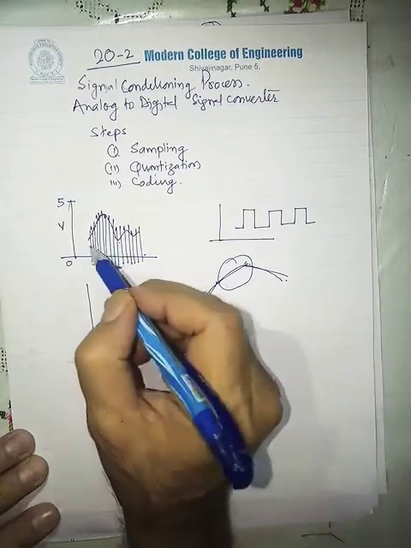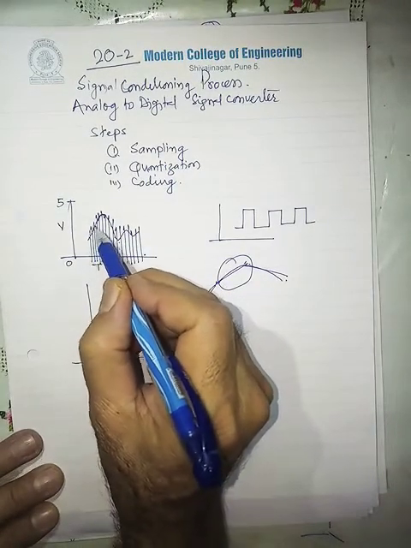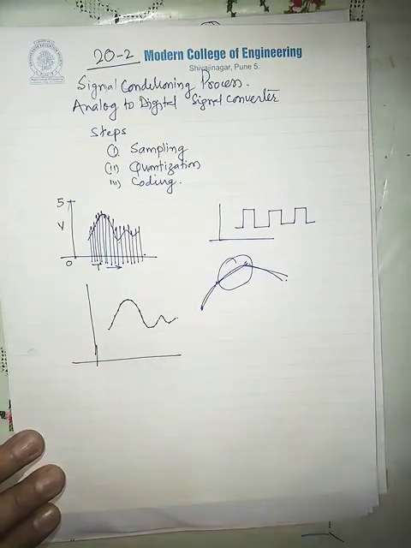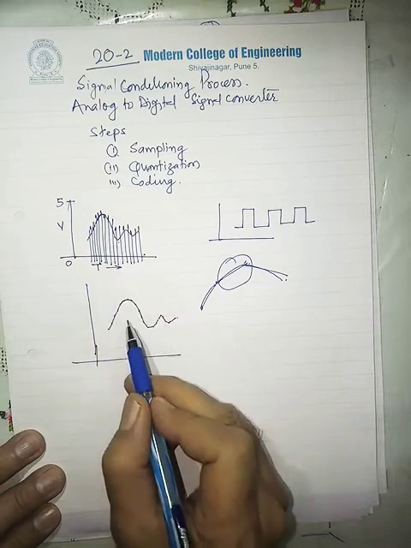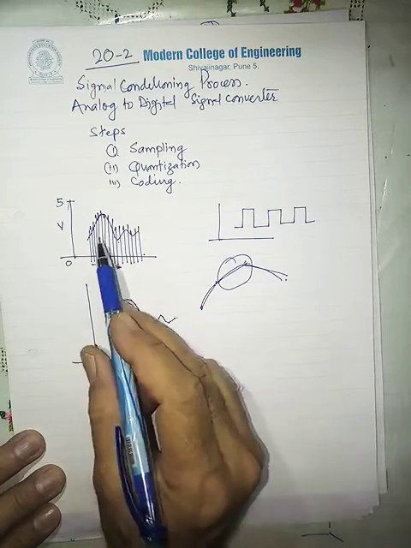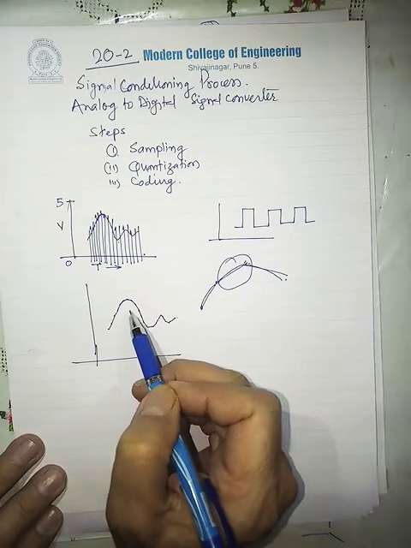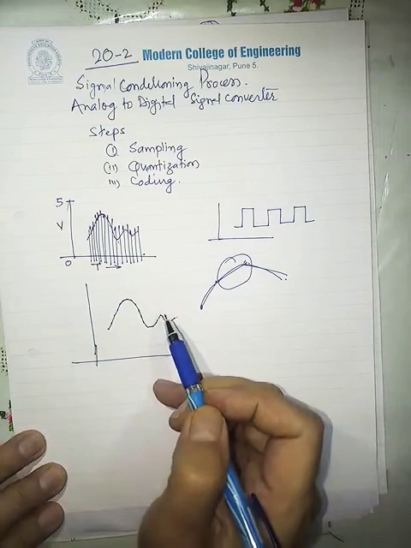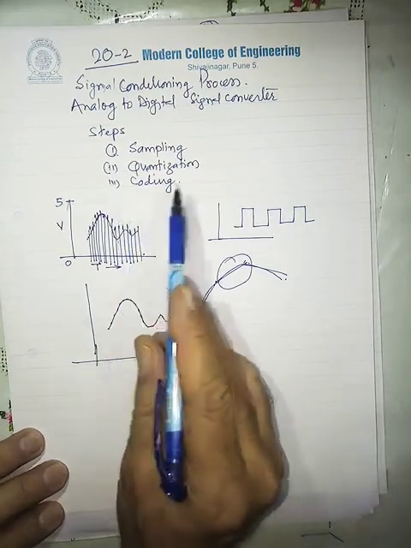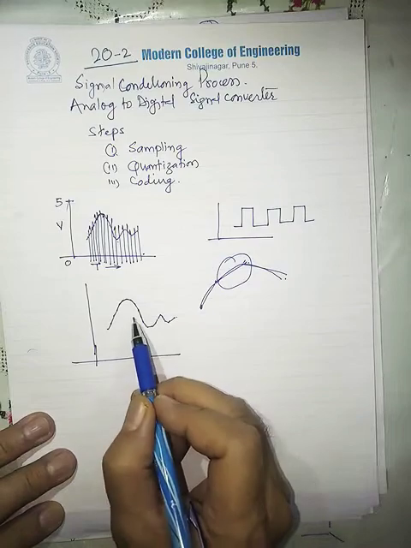If the signal is varying in this way, and I take samples at these intervals, and again draw those points and connect, I will have a graph like this, which is a little different from the original. This should not be there. It should be as real as the original one. So something should be done so that I can achieve that.